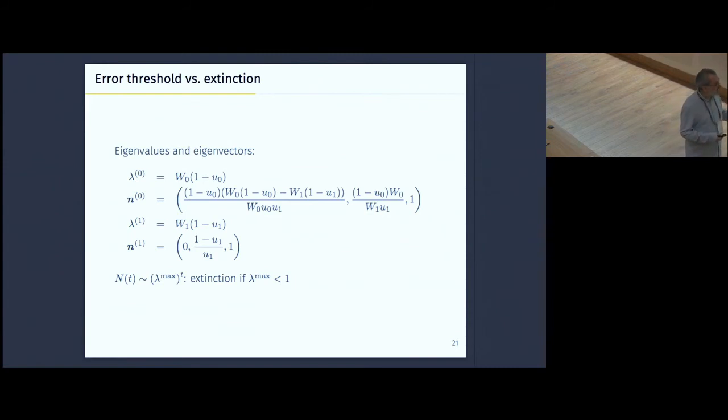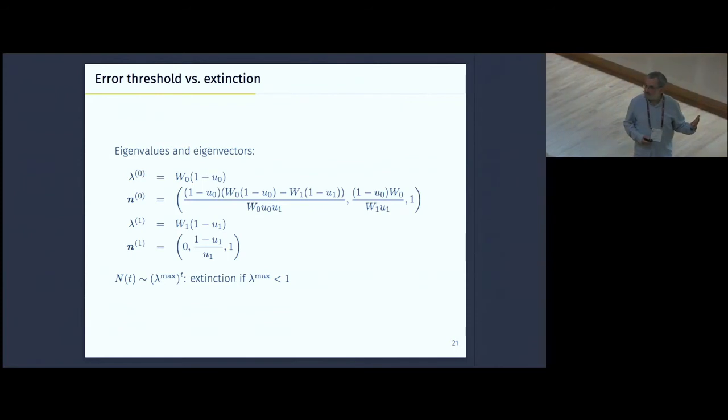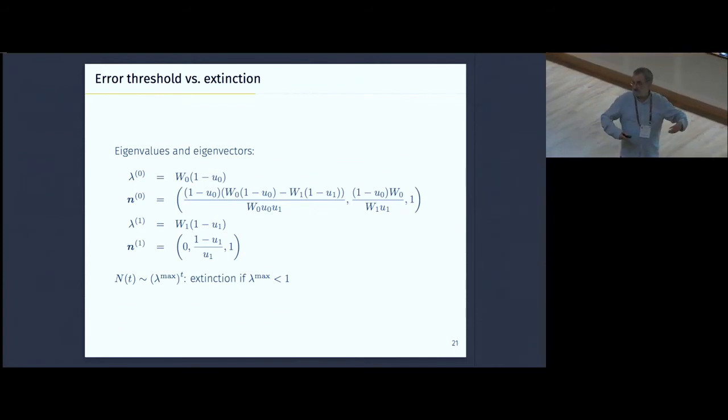If lambda is larger than 1, the population thrives and expands exponentially. If lambda is smaller than 1, you go to extinction. So what you have to look at is where lambda is less than 1. Here we have, on the one hand, the error threshold, and on the other hand, extinction. Let's see what happens.